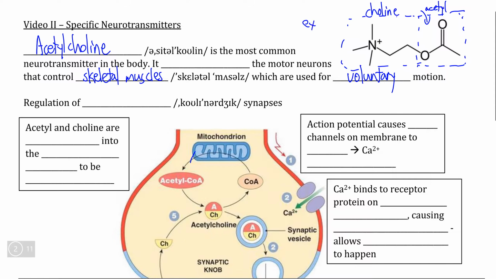Acetylcholine is probably the best example of what we call an excitatory neurotransmitter, meaning that unlike inhibitory neurotransmitters, it activates rather than inhibits the movement of skeletal muscles that it regulates.